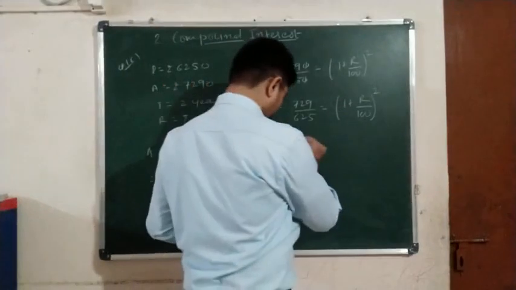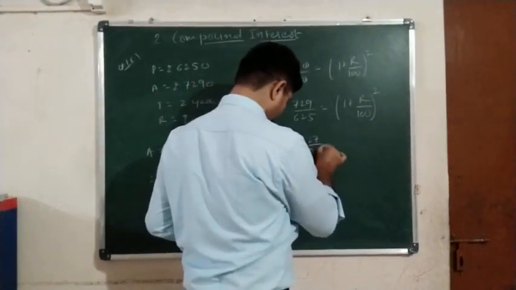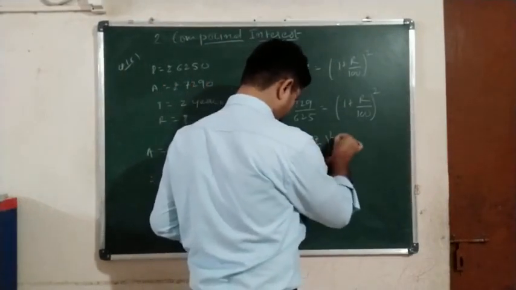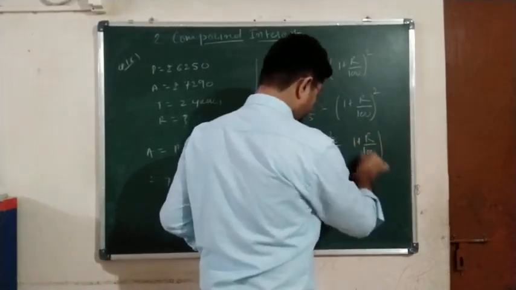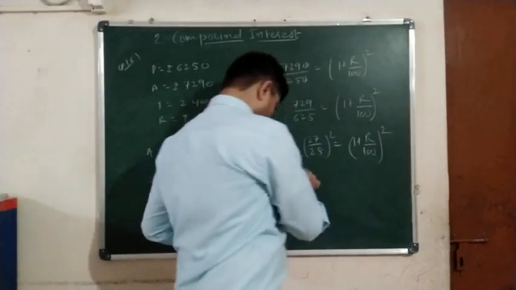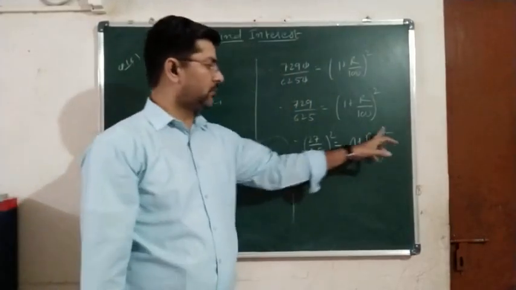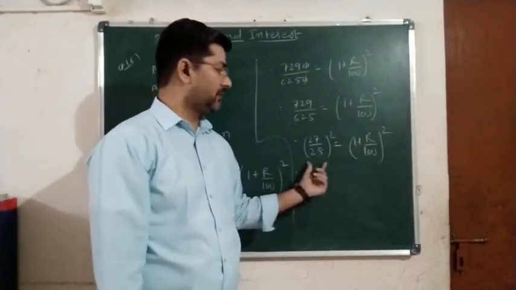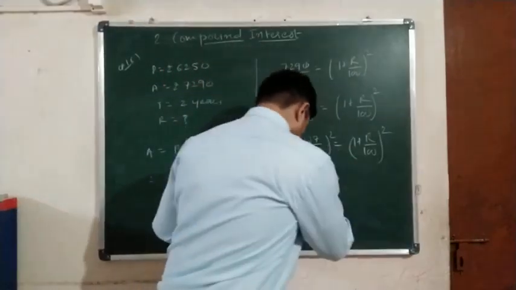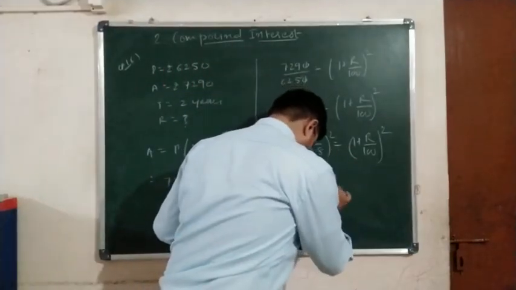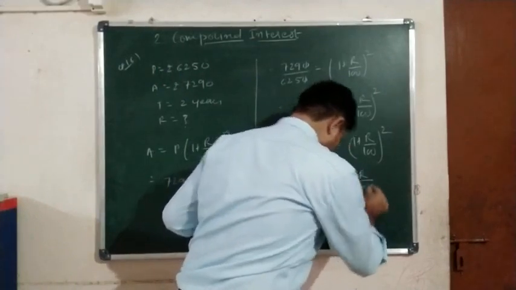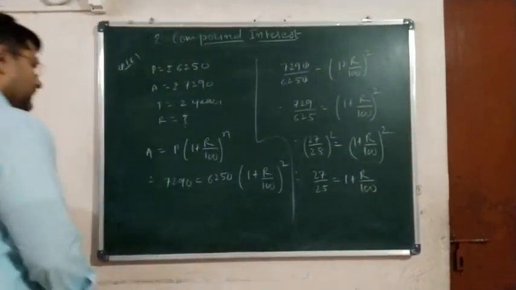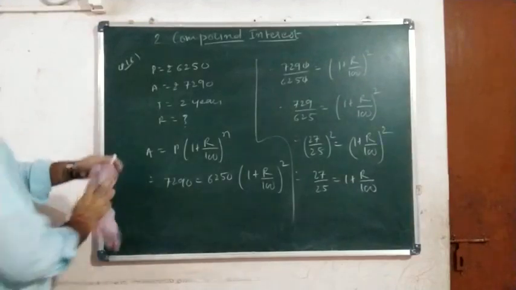So together we can write 27 upon 25 the whole square is equal to 1 plus r upon 100 raised to 2. Since the powers on both sides are equal, we can equate the base. Therefore 27 upon 25 is equal to 1 plus r upon 100. Now we will further simplify.